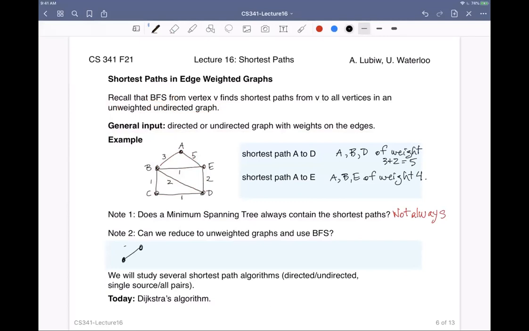So maybe I have an edge of weight 3, and what I would change it into is 3 edges in a row, so that now if I traverse this, it costs me 3. So think about that. This is indeed a correct reduction.